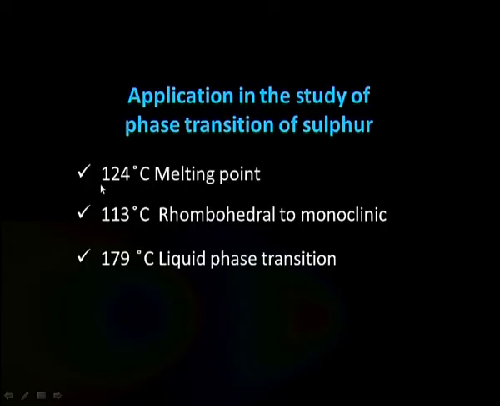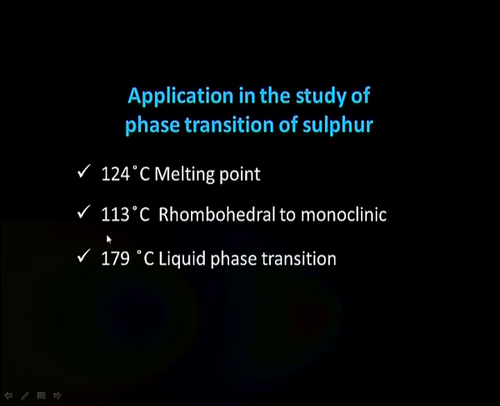Let us now consider another application of DTA in the study of phase transition of sulfur. Now, sulfur exists in various forms. At 124 degrees, the sulfur melts, and it is the melting point of sulfur.